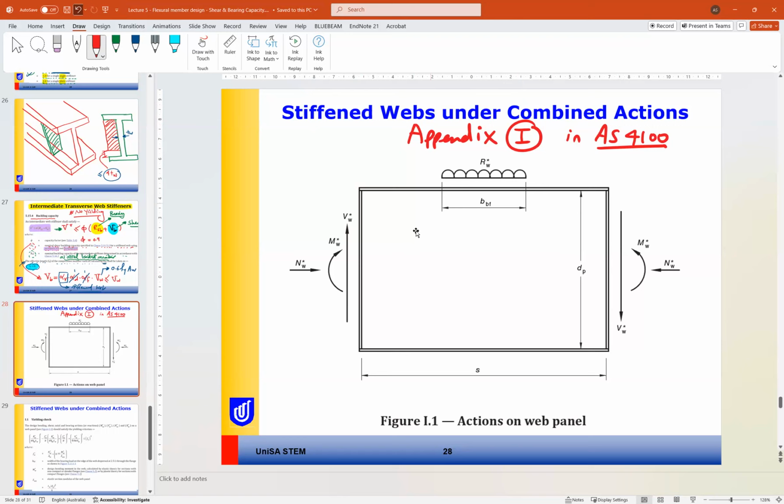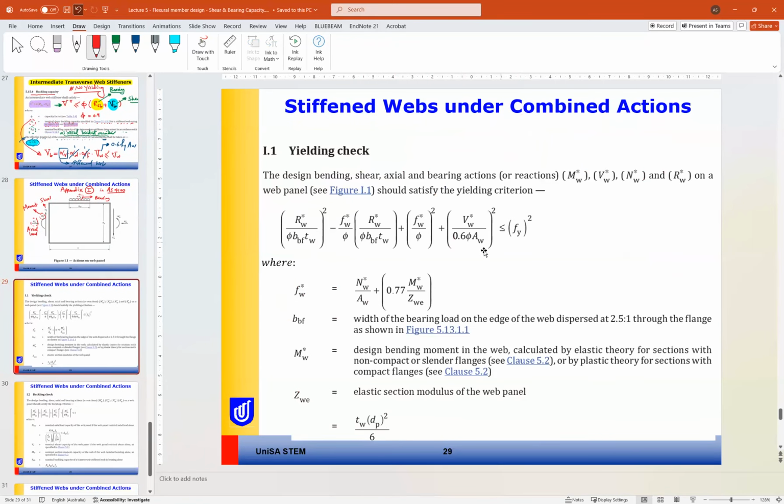For a stiffened web under combined action, we can have different types of action on a stiffened member. We may have axial load. We may have shear. We may have moment. And we have bearing. So this member is under all the possible actions at once.